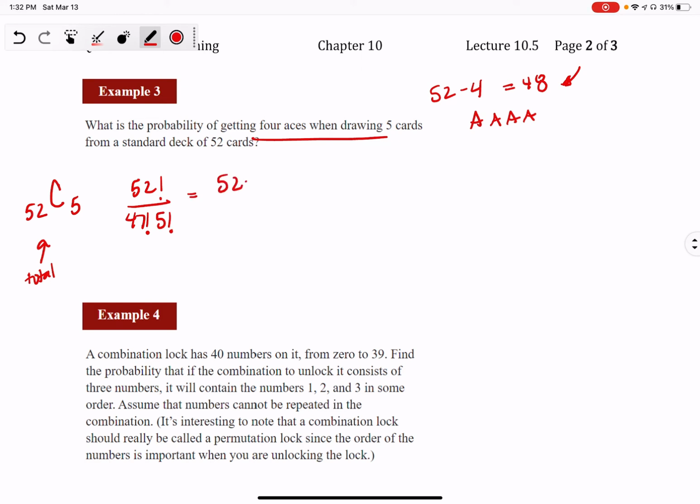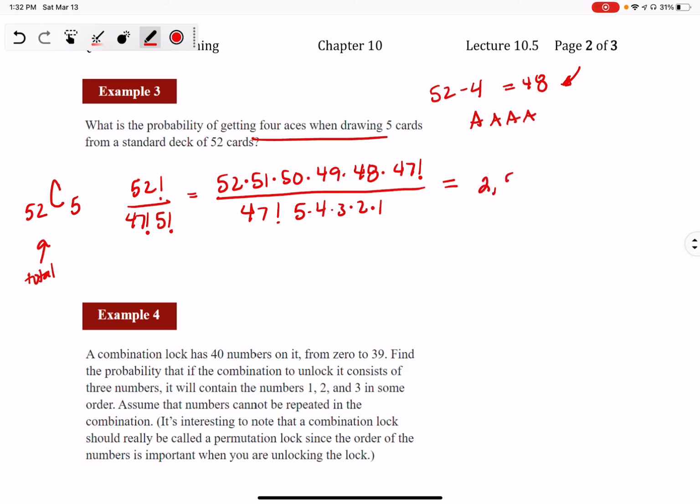So I'm going to go ahead and start writing this out. 52, 51, 50, 49, 48, 47 factorial. These are huge numbers. 5, 4, 3, 2, 1. So we have 2,598,960 as our denominator.